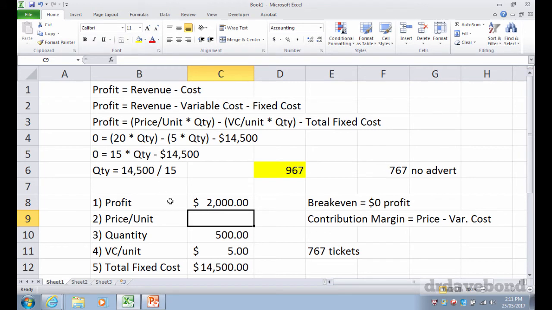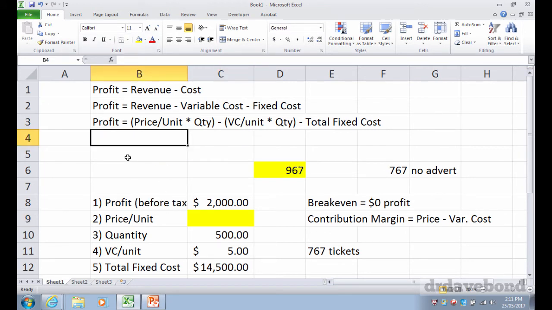And this is a before tax profit. $33 a ticket? Cool. All right, so let's see how we got $33 a ticket.